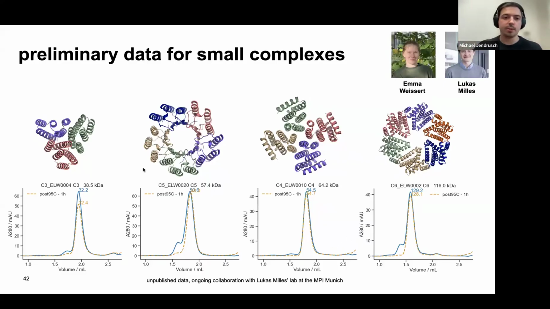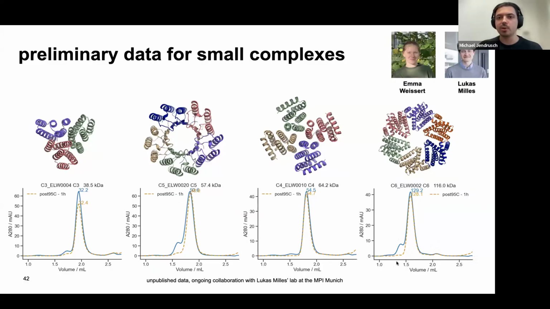And so we were able to get confirmation that for a number of these designs, the protein ran as the complex at the correct size. And also, the complex was very thermostable. Even after 1 hour of cooking the complex at 95 degrees, it still mostly eluted at the same size.